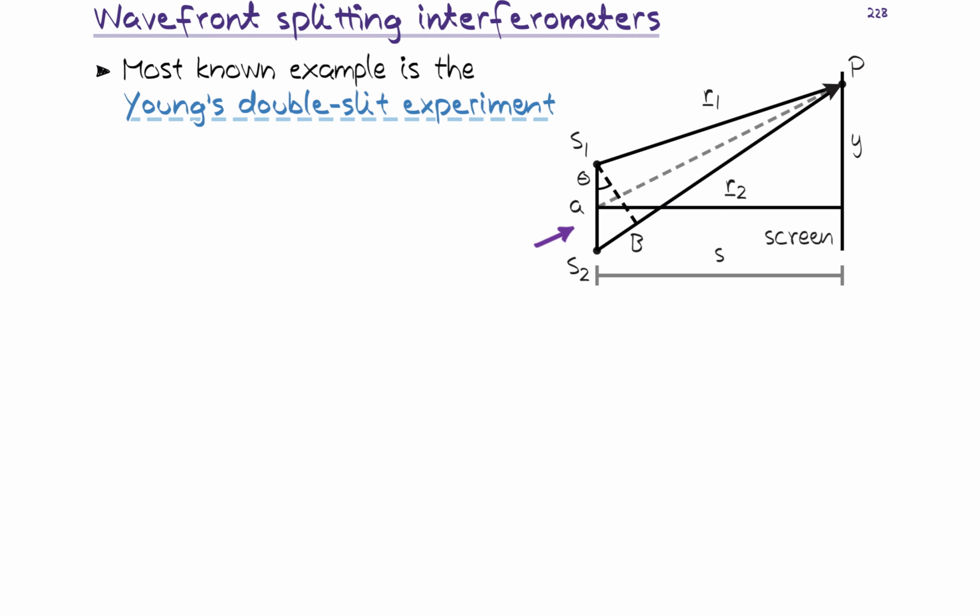We have a wavefront coming into the two slits, and we are interested in calculating the optical path difference for the field propagating a distance S1 from the first slit to the observation point P, and then from the second slit, the optical path length S2 to the observation point P.